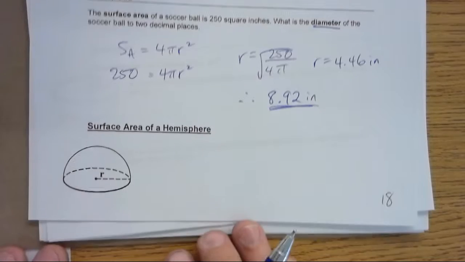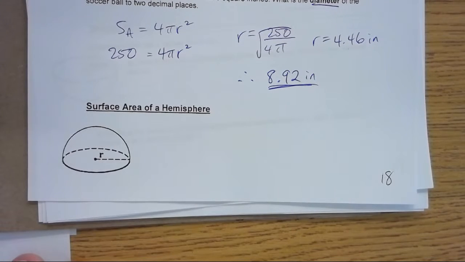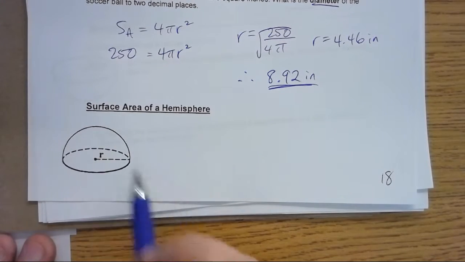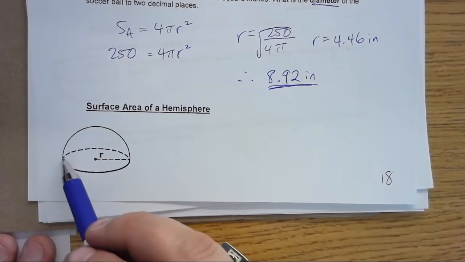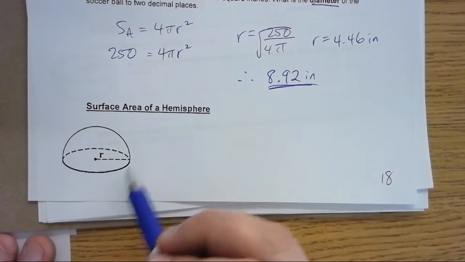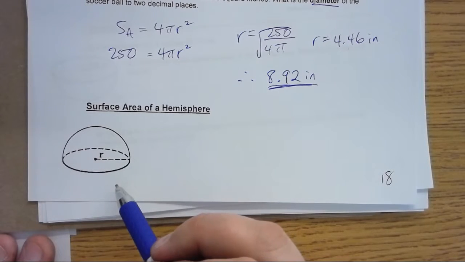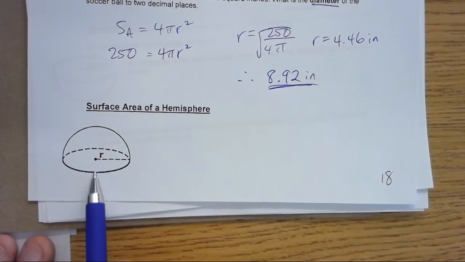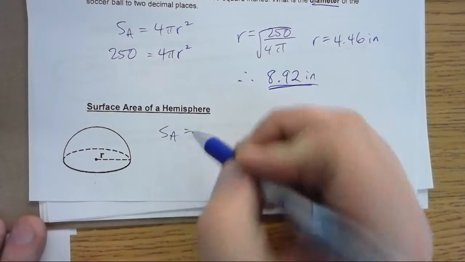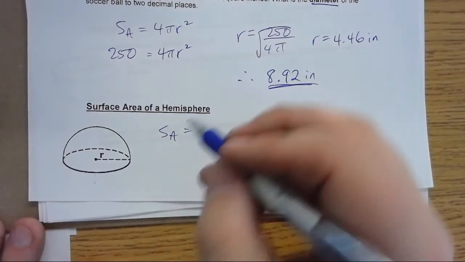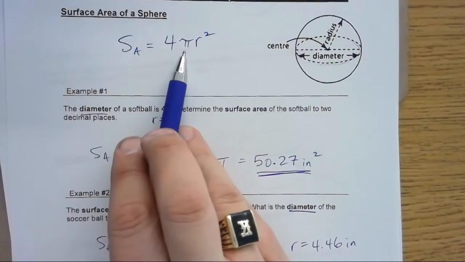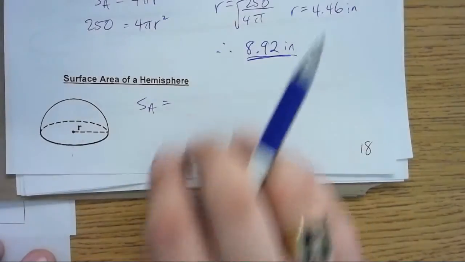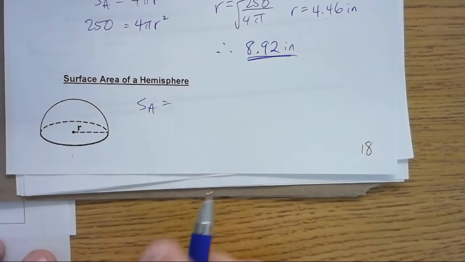Here's an interesting idea. What's the surface area of a hemisphere? So if I took a sphere and I cut it in half, well, I lose half of the curve. I lose half of the dome, let's say, but I gain a face. I gain a circle. So my total surface area here is, well, I used to have 4 pi r squared, and I lost half of that. What's a half of 4?